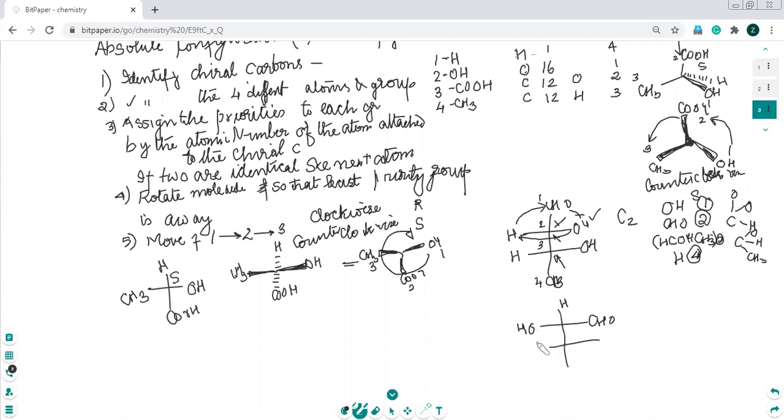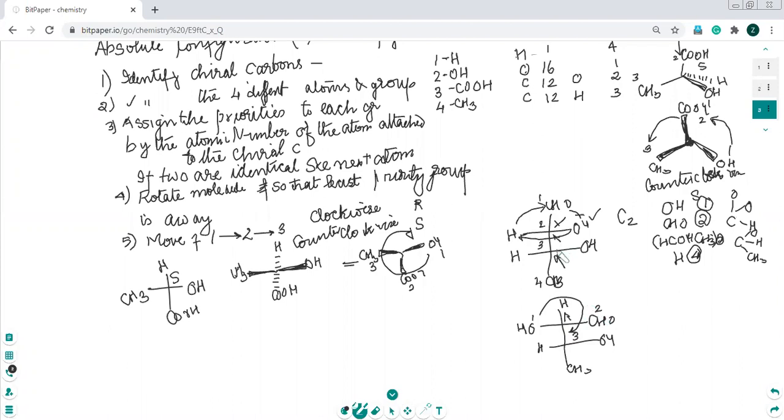Remember, we are not worried about this carbon at present. Okay, it's all right. Now see here, priority 1, priority 2, and priority 3. Now 1 to 2 to 3. So this is our configuration.